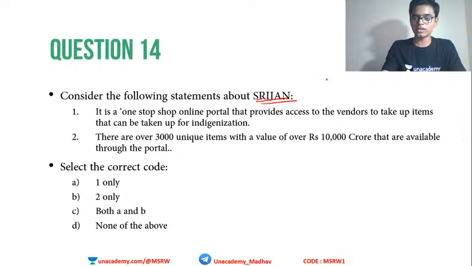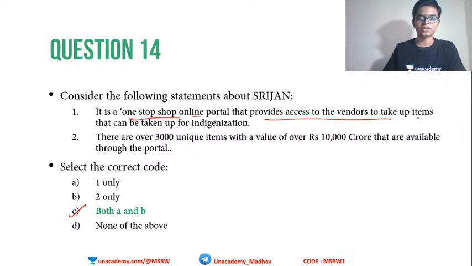So question 14, the correct answer is again option C. Both the statements are correct. It is a one-stop online portal for providing access to vendors to take up items that can be taken up for indigenization. Srijan portal, very important. MSME sector for vendors. The second statement is a general statement. This is also correct.